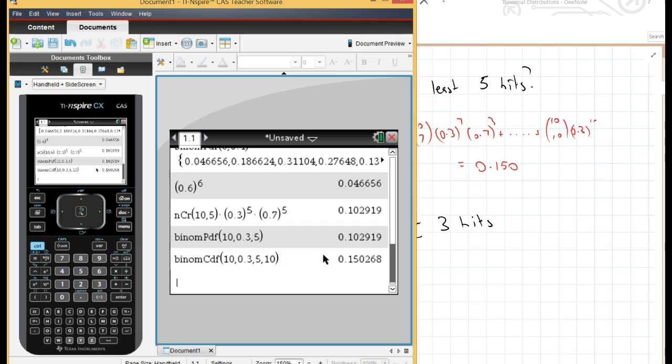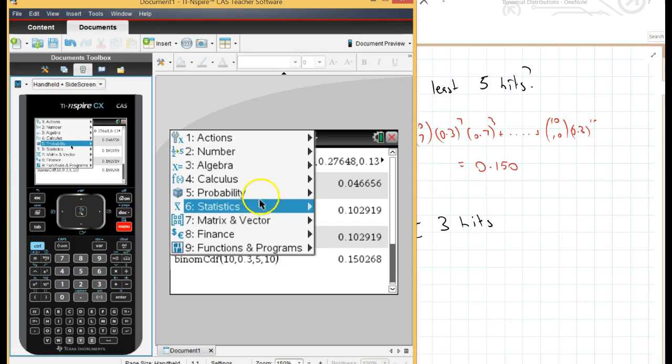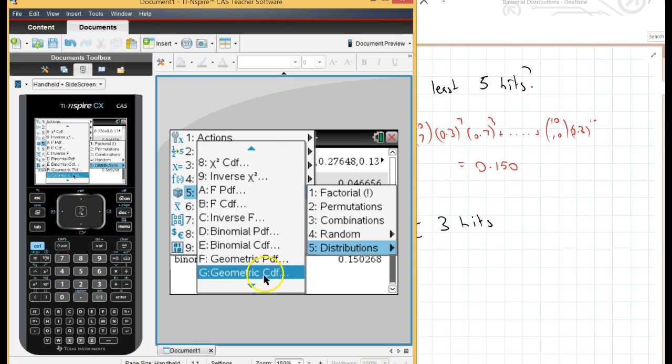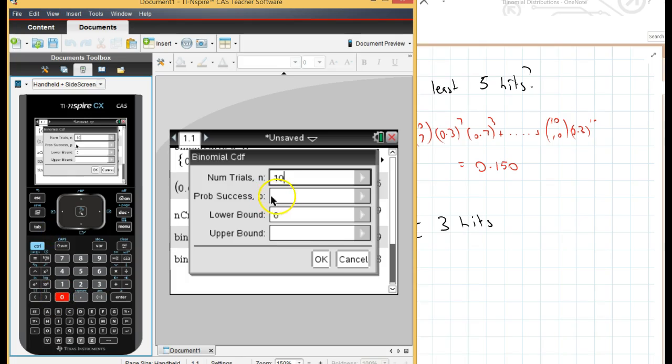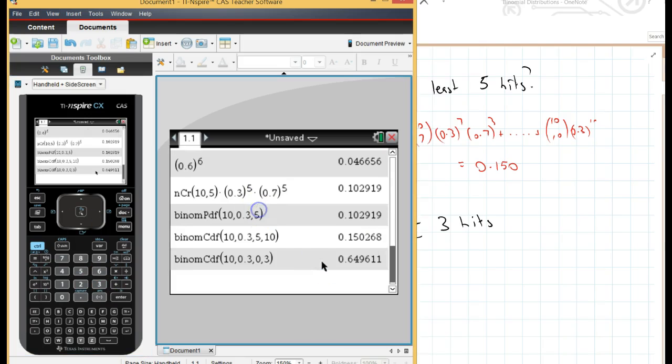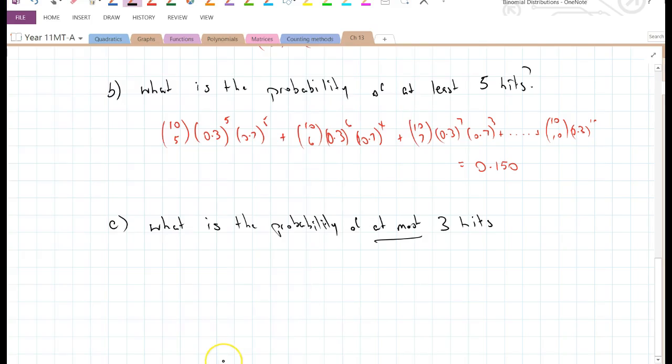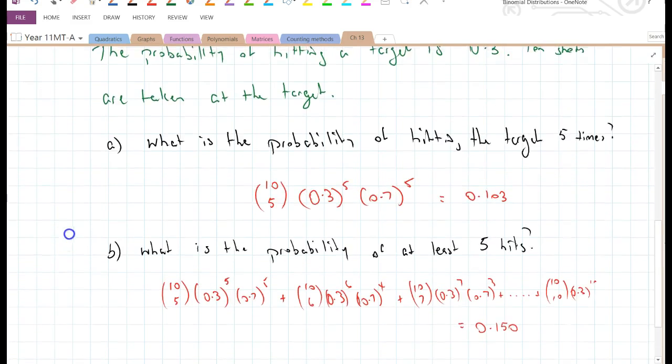We can go in here and calculate using, again, Probability, Distributions, down to Binomial CDF, number of trials 10, probability of success 0.3, lower bound 0, upper bound 3. Okay, calculate that for me. Look at that, 0.649 or 0.650 to 3 decimal places. That's equal to 0.650, so 65% chance of at most 3 hits. And that sort of makes sense given that there's only a 0.3 probability of success.